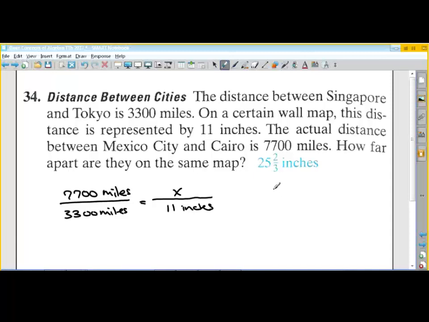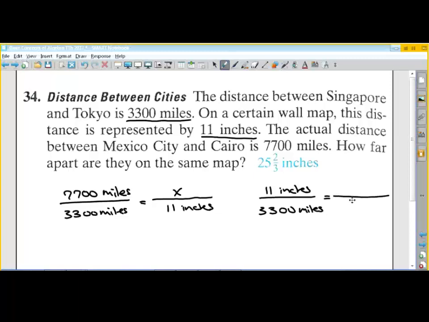The other way of looking at it is you could take, let's say, 11 inches, and instead of matching it up with the thing that involves inches, match it up with the instance that we're talking about. So the thing that matches 11 inches is the distance from Singapore to Tokyo, which is 3,300 miles.